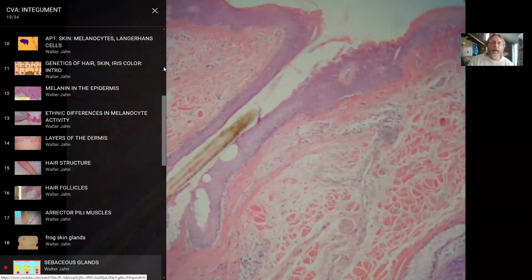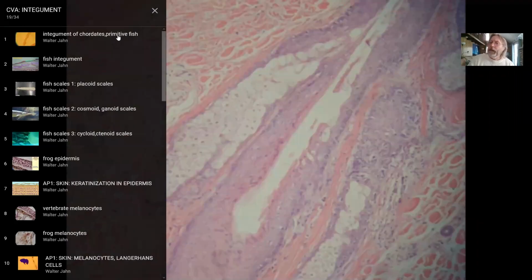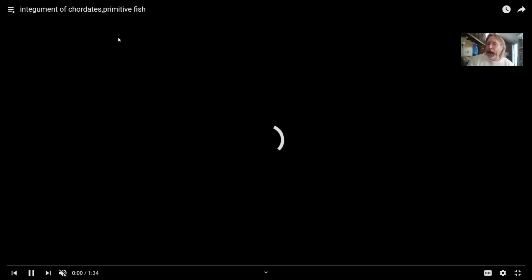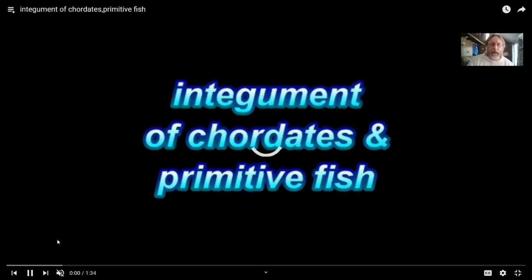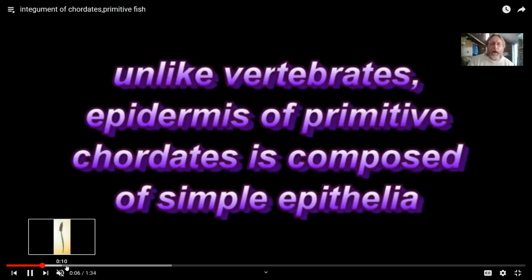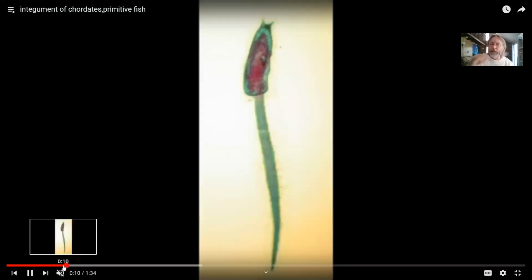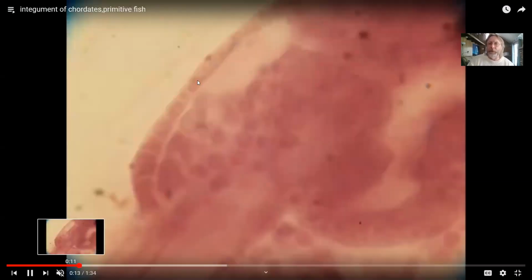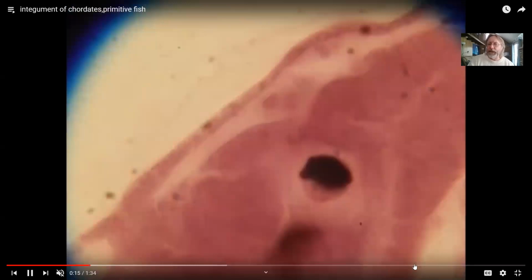Okay. Going back then to the beginning, the ancestors of fish, as far as we can tell, didn't really have much in the way of glands in their integument. So when we look at the primitive chordates alive today, we really don't see much in the way of glands. The epithelia here is simple.